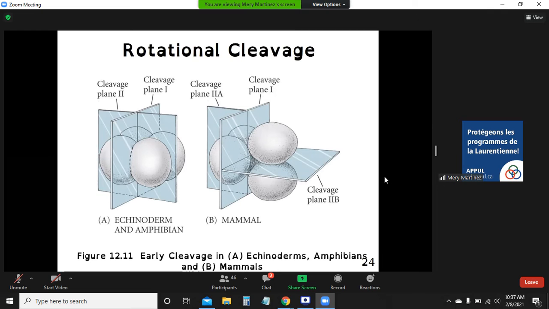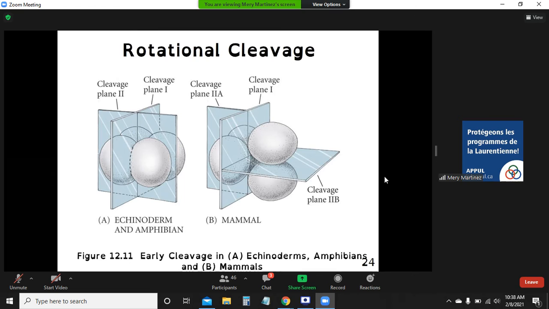In terms of division, we see that they have a rotational cleavage, where the first cleavage plane is meridional, okay? However, for the second cleavage, one of the blastomeres divides meridionally, and the other equatorially.